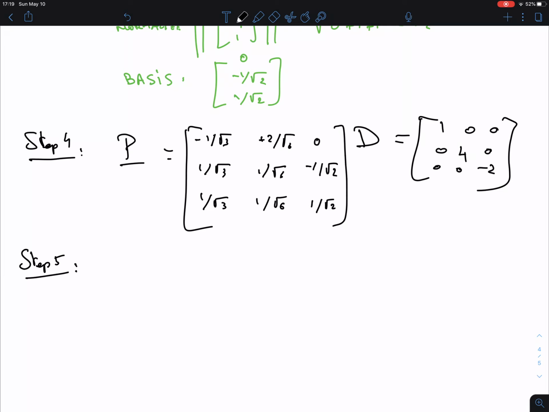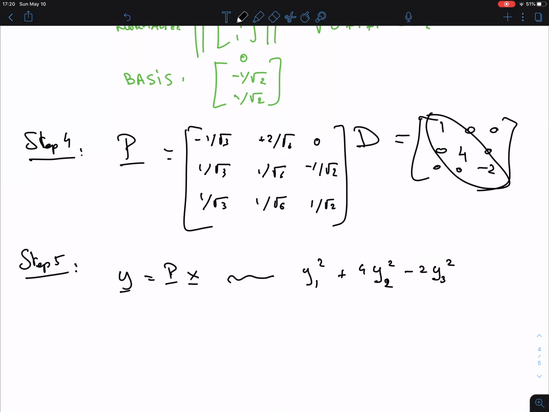Namely, this says that if we do the change of variables given by this matrix, this complicated matrix perhaps, we don't need to write it out, then we know that the new quadratic equation will have these square terms, so y1 squared plus 2y2 squared minus 2 times y3 squared.